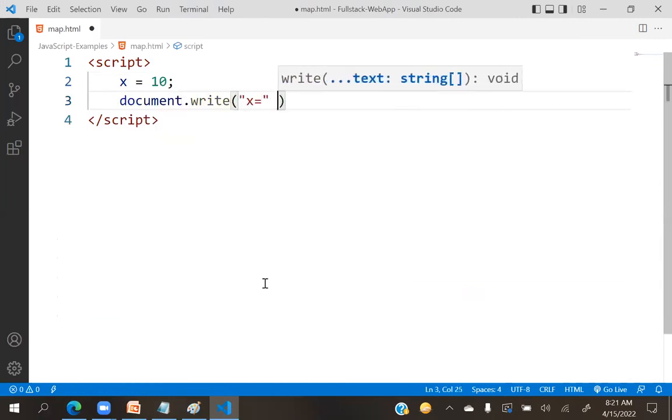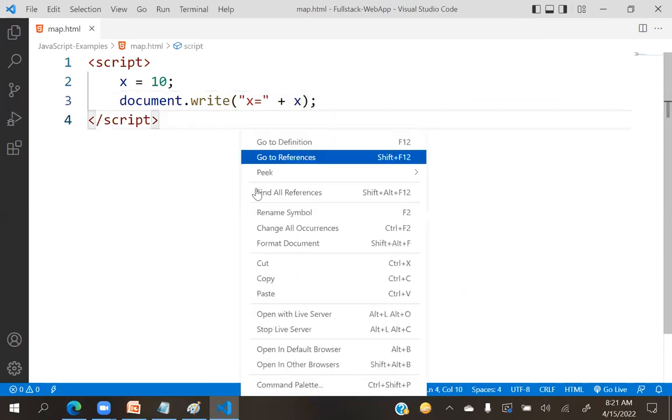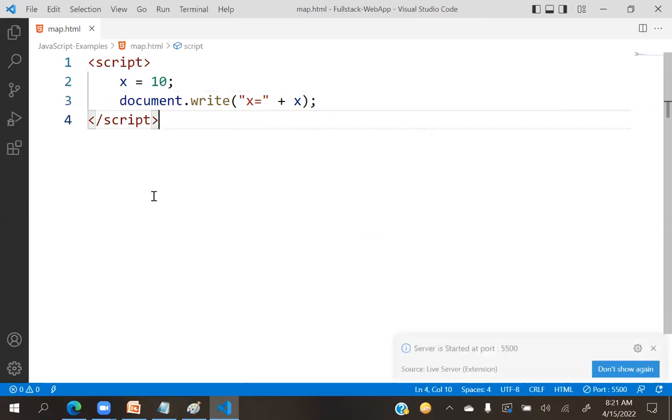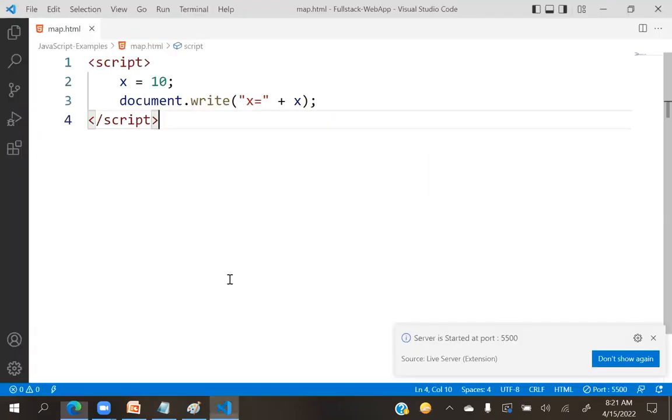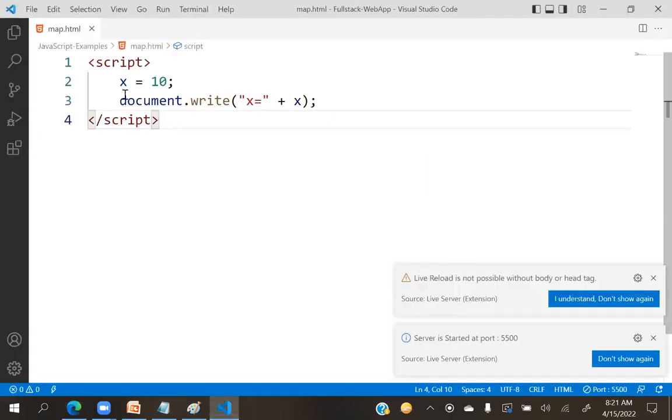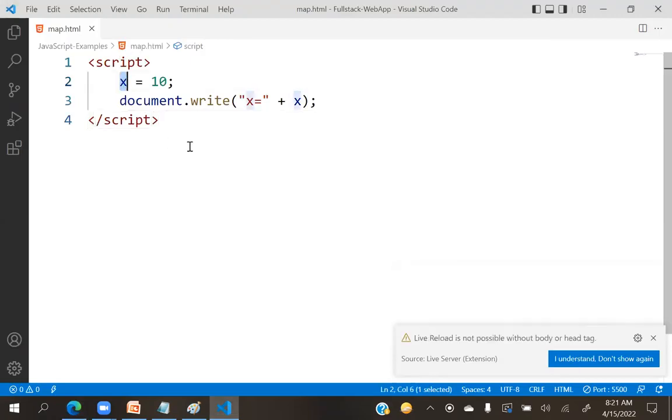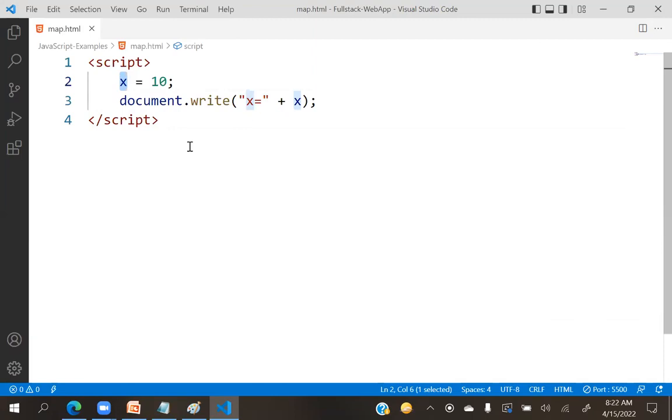Now here, important, you see this is working fine, but this is not good. Why? As per the programming standards, x is a variable which is not declared. Without declaring a variable, you are trying to use that variable and JavaScript is allowing it. That's not good as per programming standards, but JavaScript is allowing it.